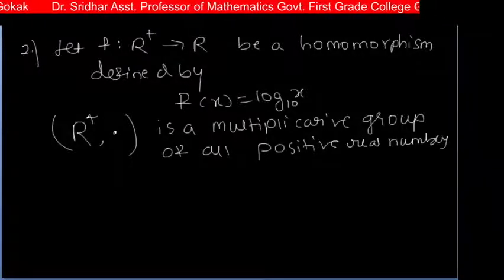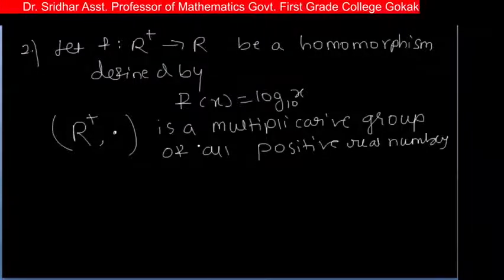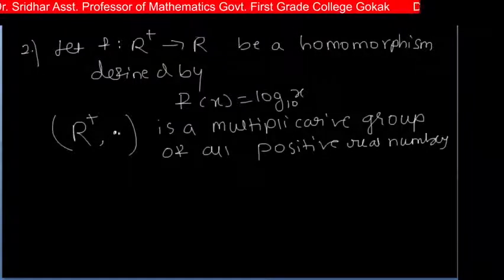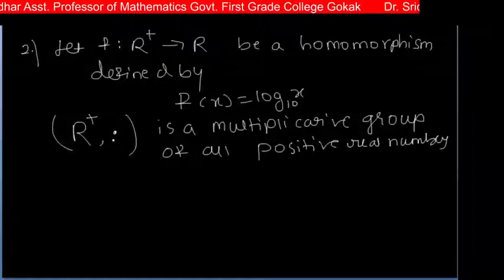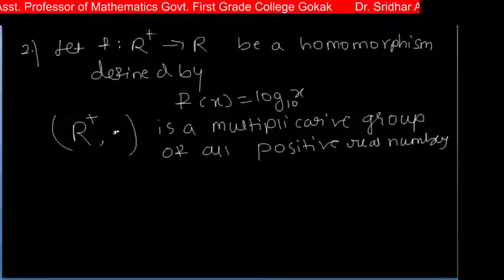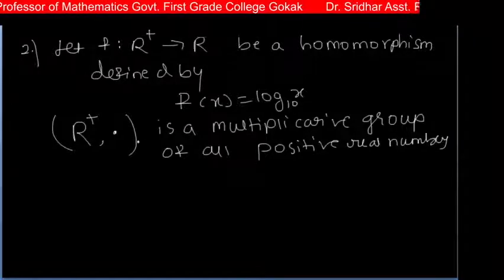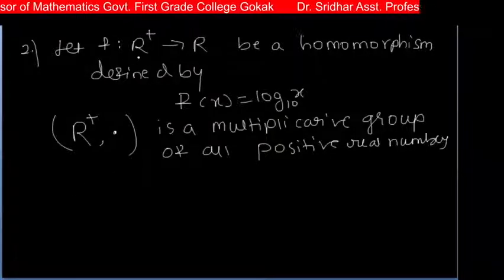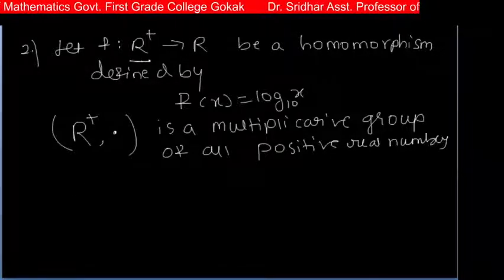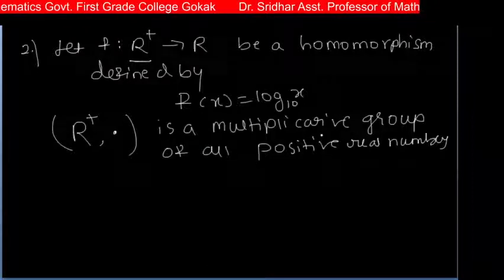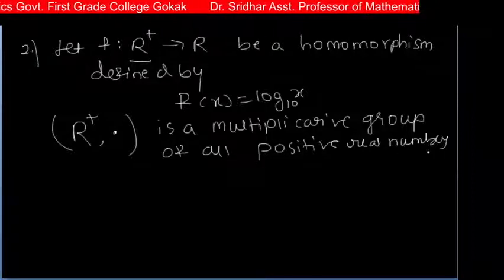So therefore here we have taken the positive sign, all positive real numbers, and the group operation is multiplication. In this case, it is a multiplicative group of all positive real numbers.